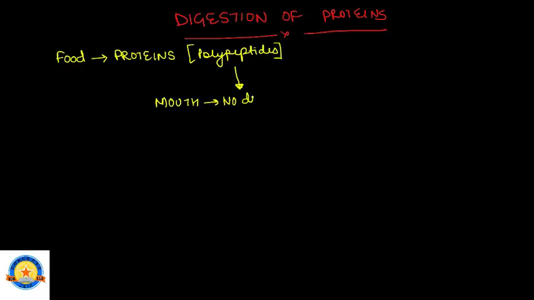No digestion. Straight away it goes to where? It goes to the stomach. Now in the stomach, there is an enzyme called pepsin. Pepsinogen is converted to pepsin by what? HCl.